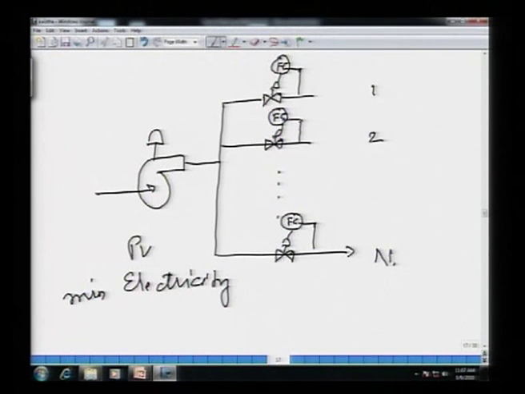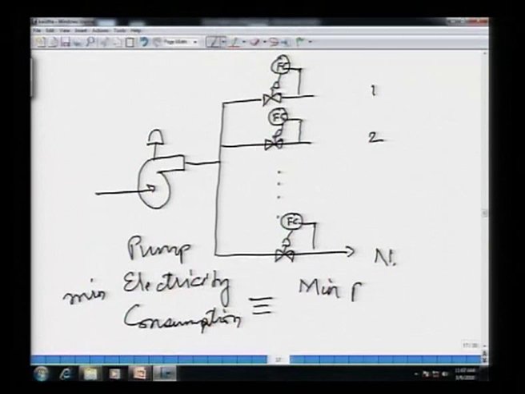I want to minimize pump electricity consumption, and the way to do it is, this is equivalent to operating the pump at the minimum possible RPM, rotations per minute.